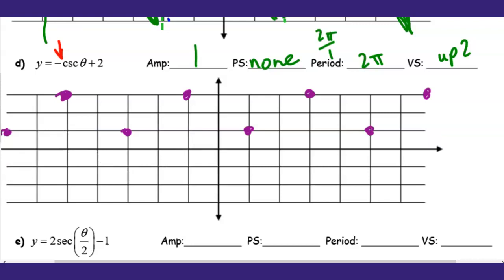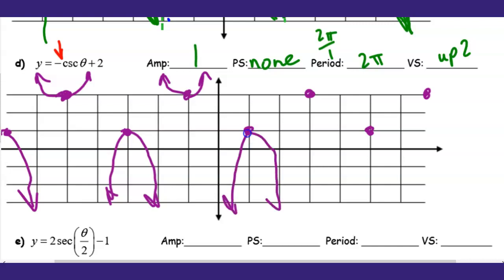So now, where are the cosecant functions? Right here. We'll just continue the pattern. Only difference is if there was a phase shift, you would just move these points left or right according to the phase shift, but the same process happens.